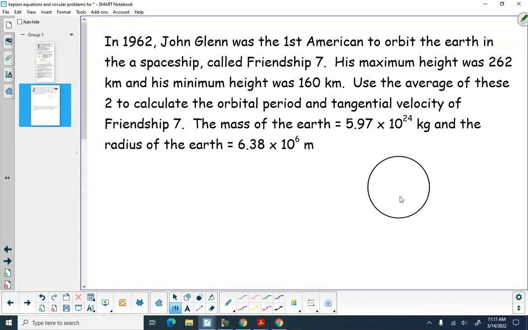The mass of the Earth is 5.97 times 10 to the 24th kilograms, and the radius of the Earth is 6.38 times 10 to the 6 meters. So we have this Earth, and then we have the spaceship up here that is orbiting the Earth.